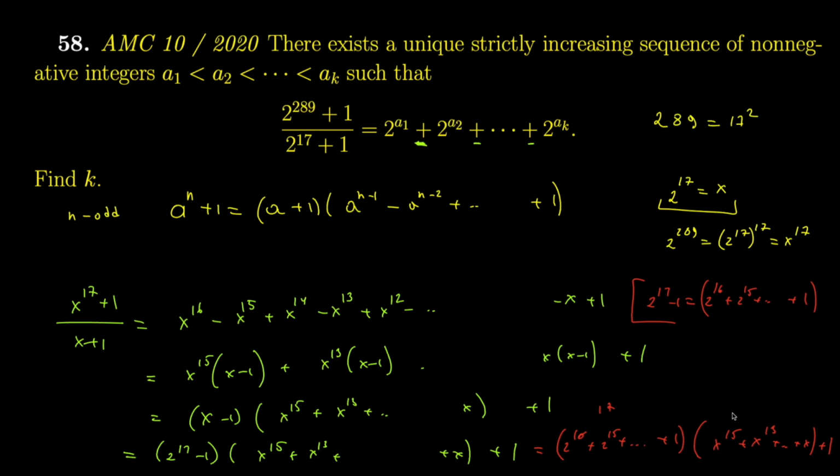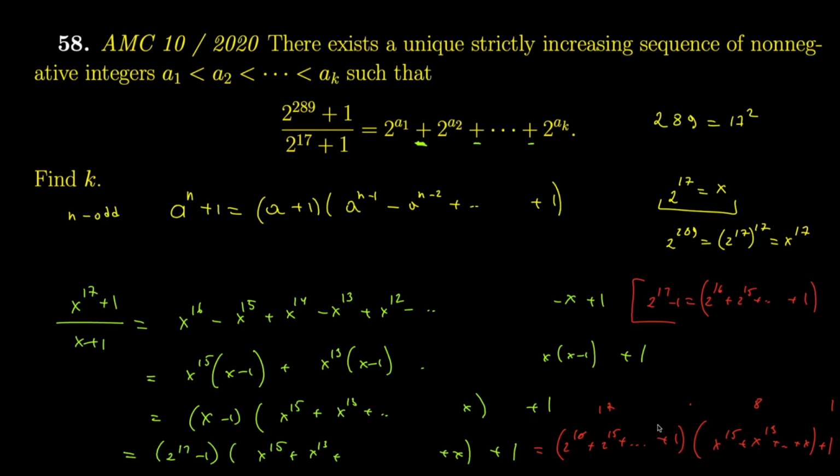Here we have 15, 13, 11, so odd numbers, 8 of them, and plus 1. When you open the parentheses, these are all powers of 2, and all of them are distinct. And then the last one is here: 1 is just like 2 to the power 0.